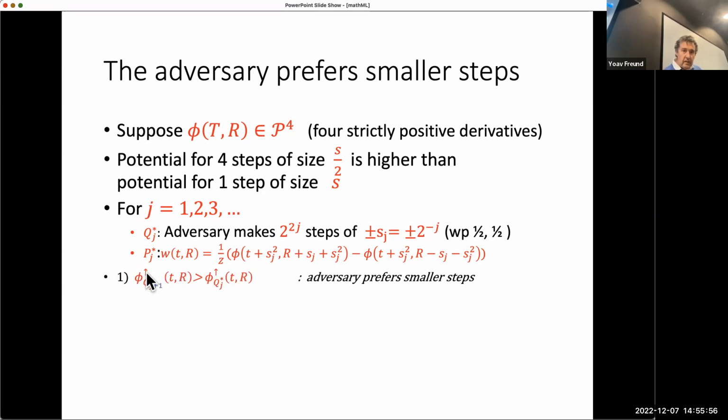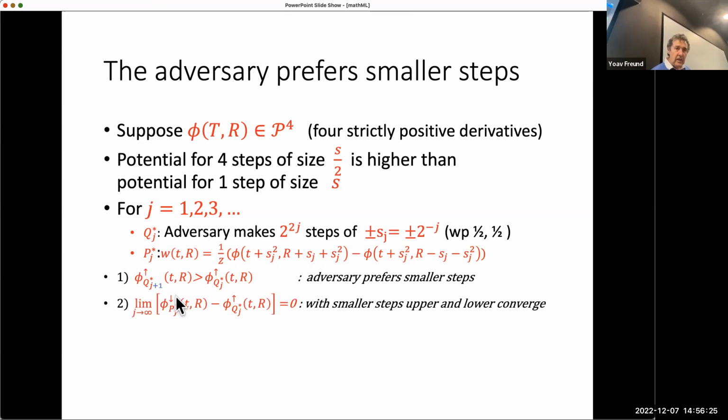What we show is that the potential with j plus 1 is always higher than the potential with j. And remember, the adversary wants to increase the lower bound. So it's always better. The variance stays the same, but the more steps you make, the closer you are to a normal distribution, the better.